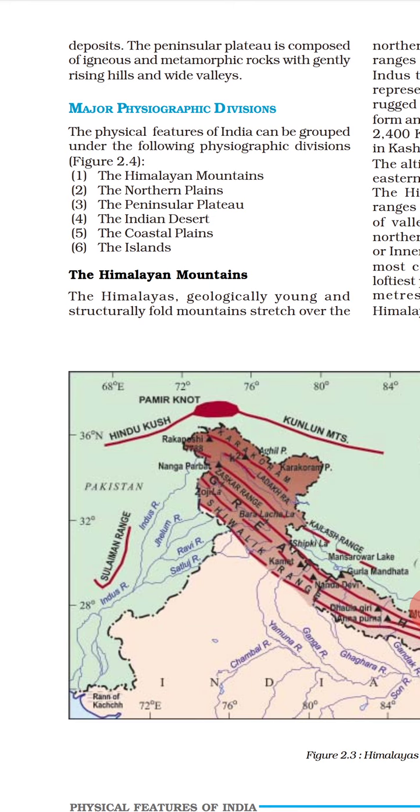The first is Himalayan mountains, then northern plains, then peninsular plateau, then Indian desert, then coastal plains, and last the islands. Now let's start with our first physiographic division of India, and that is Himalayan mountains.